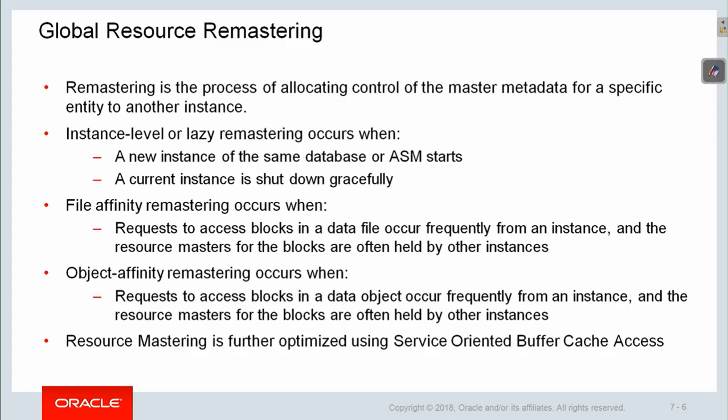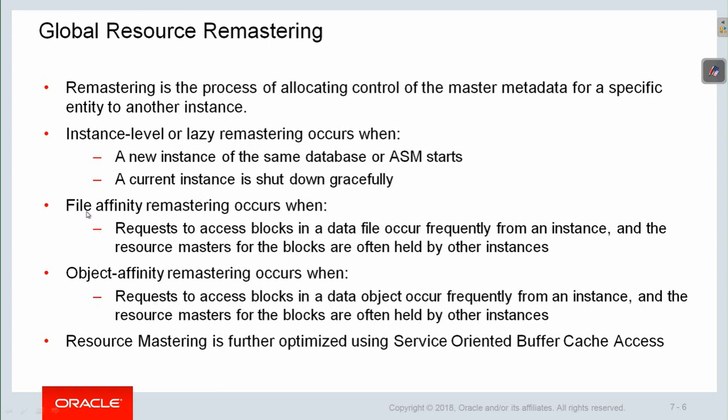Now, if there is an instance failure, for example, then this ownership of resources must be redistributed. That is instance-level or lazy remastering. Or when you start up a database instance, that is another case where resource remastering occurs.